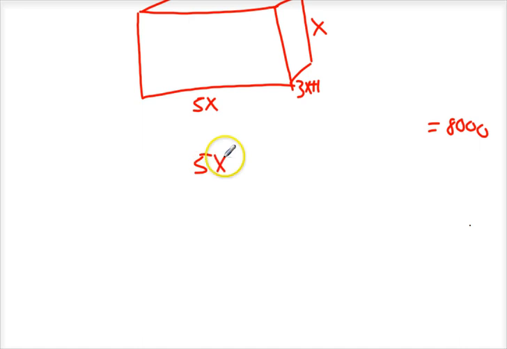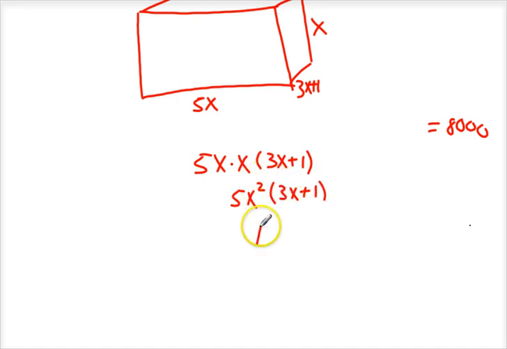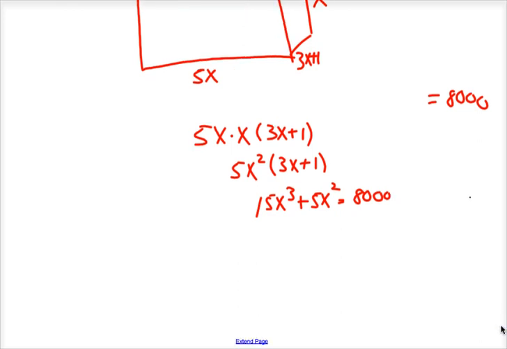We're just going to take length times width times height. I'm going to put the height first. Then it's a lot easier to do 5x squared. Then distribute and get 15x cubed plus 5x squared. That equals 8,000. Make it equal 0.